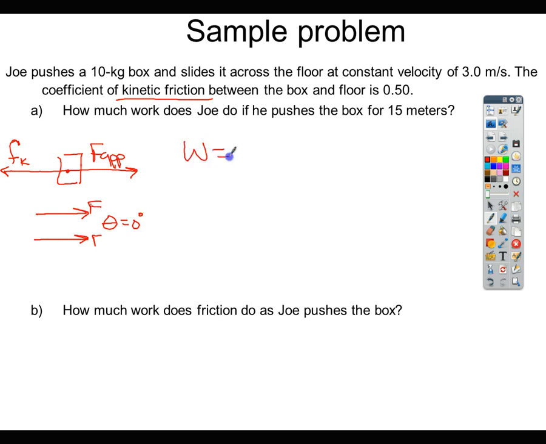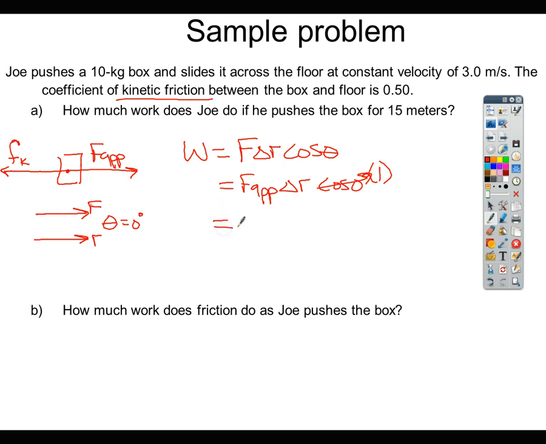Let's use our equation. W is equal to F times the change in distance, which is our displacement, times the cosine of the angle. We'll say that's equal to the applied force that he's using times the change in the distance times the cosine of 0 degrees, which we know ends up being the value 1.